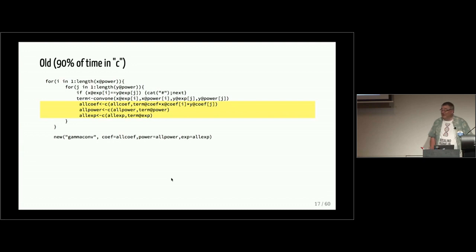So the old code, which had 90% of its time in the C function, had two things we were combining. So we had loops over their lengths. We have, which I'm not showing you, the code that actually does the complicated symbolic algebra. And then that returned a variable length list of new coefficients.